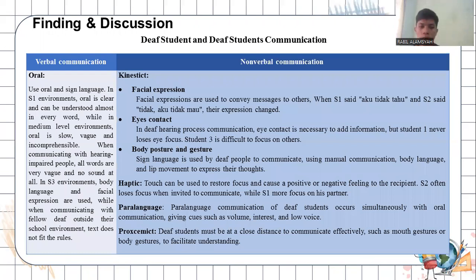When communicating with hearing impaired people, all words are very vague and no sound at all. In student 3 environment, body language and facial expression are used, while when communicating with fellow deaf outside their school environment, and text doesn't fit the rules.